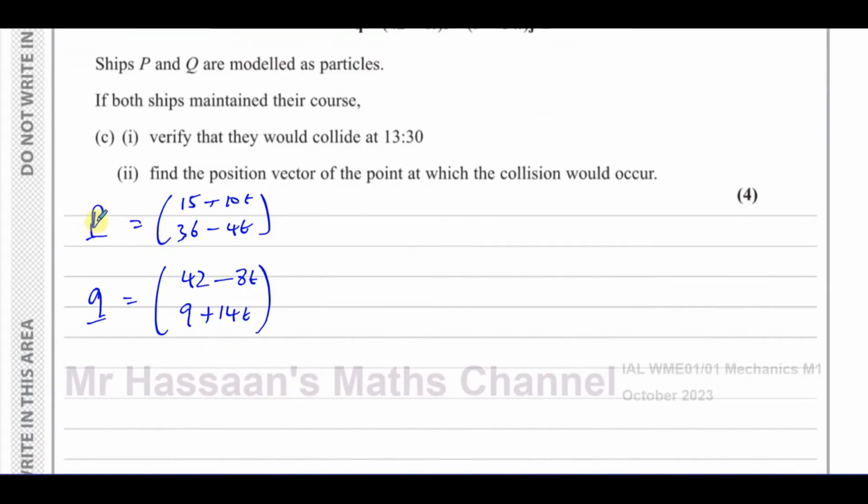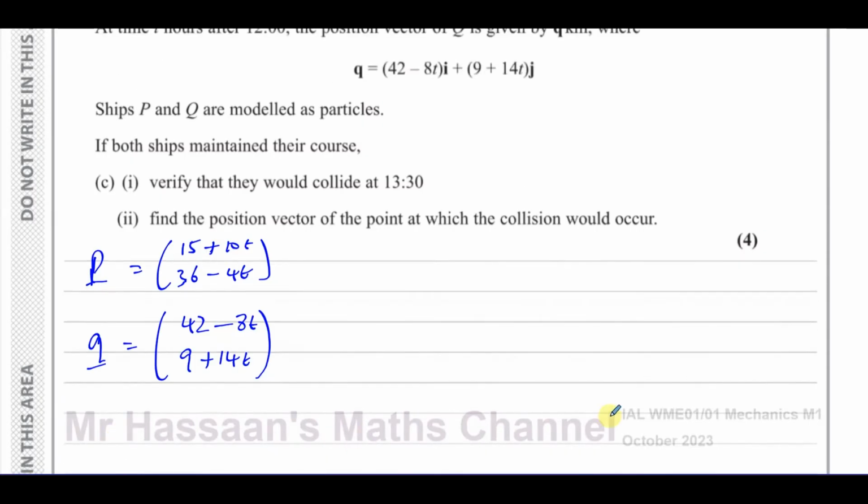That's the position vector of P at any time t. And there's another ship, Q, which has a position vector given by this. So they're both moving at certain speeds and in certain directions. They're telling us that if both ships maintain their course, first of all, verify that they would collide at 13:30.